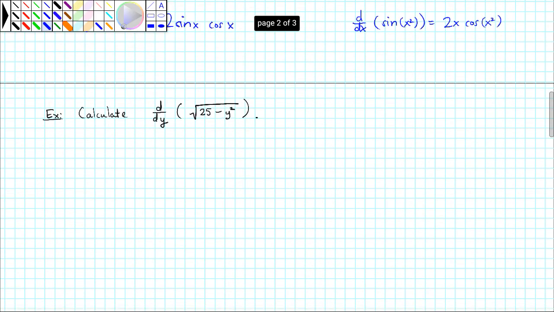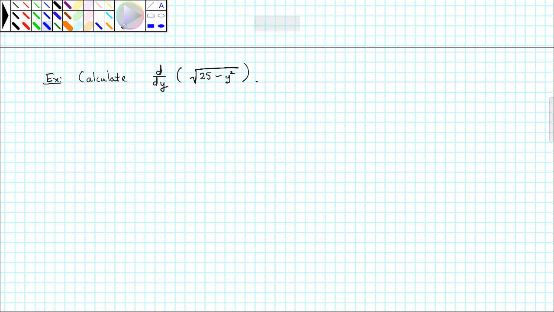Let's do a couple more. So the derivative with respect to y of this function: here the outside function is the square root, for which we would use the power rule. So I'm going to do the derivative with respect to y of 25 minus y squared to the 1/2.